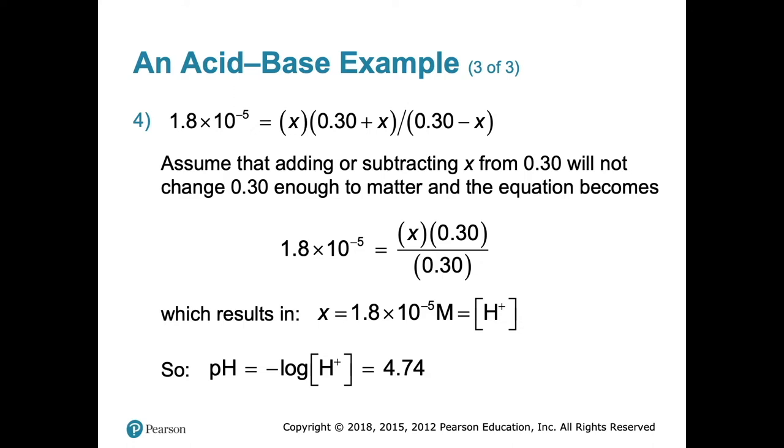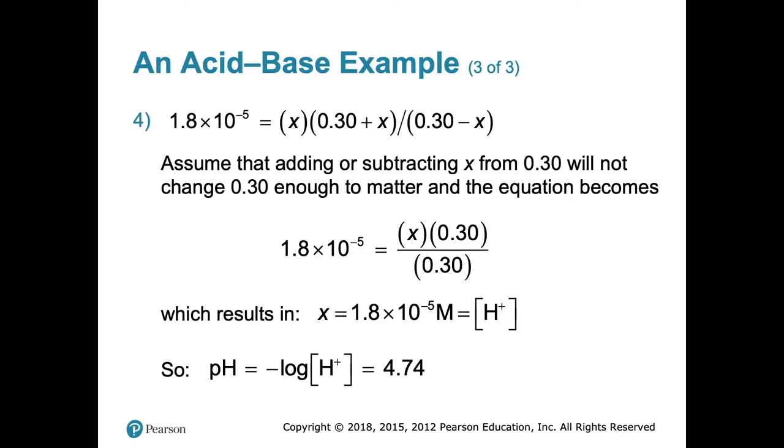Why? Because the 0.3 cancels out. Again, you're welcome. I know you're not really seeing that yet, but you're welcome anyway. There's no math to do at all because they cancel. So literally x is just the Ka now, and that means the Ka is the hydronium ion concentration now.